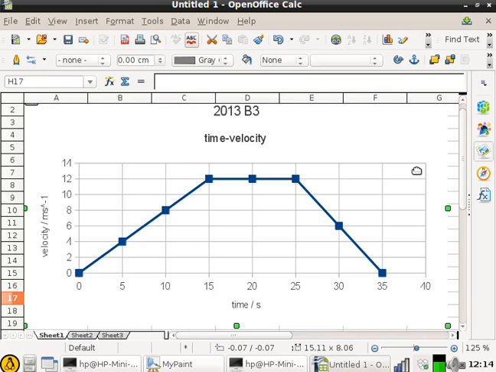What's the next part? Use the graph to determine the total distance traveled by the car. Area. So write this down. First is the triangle. So it's a half by 15 by 12.